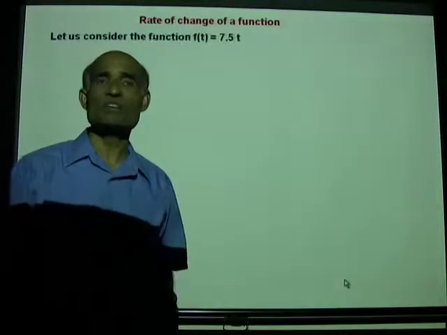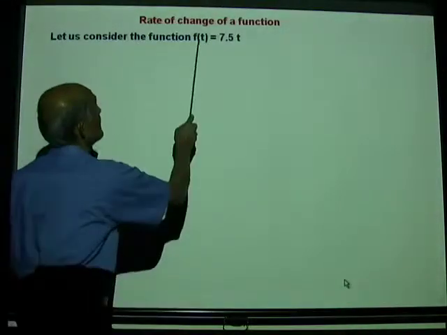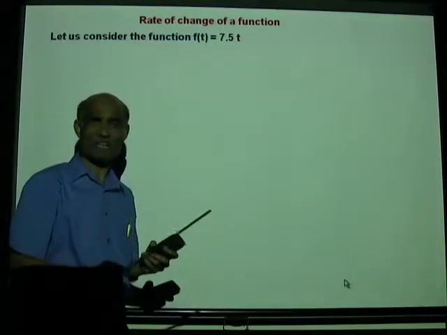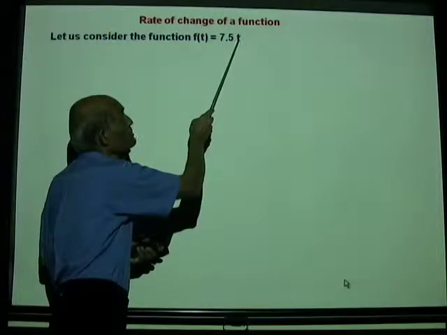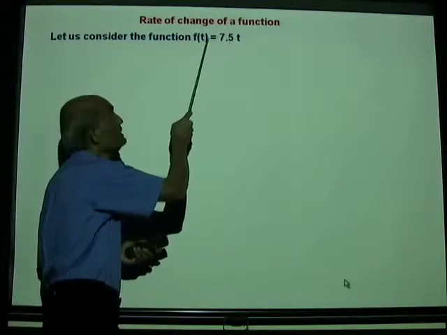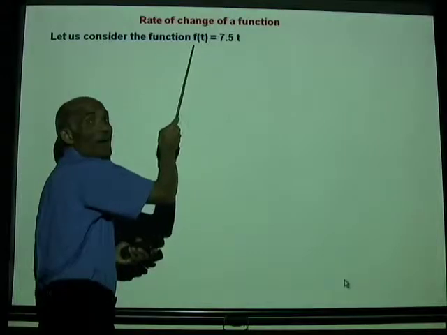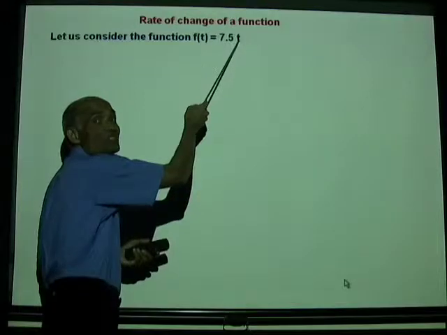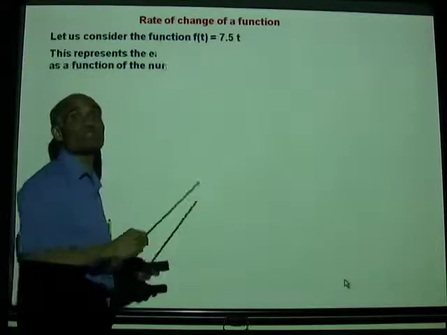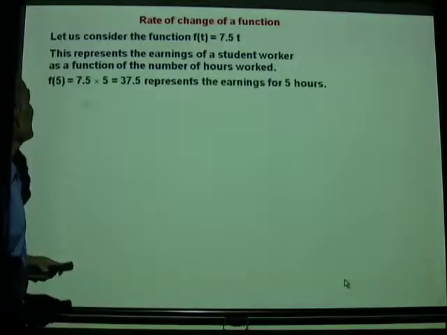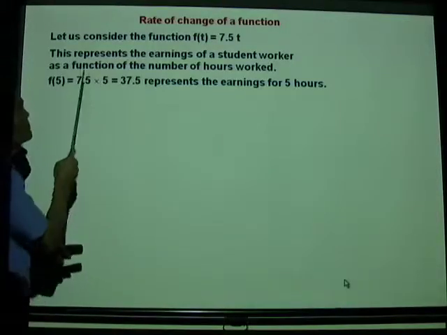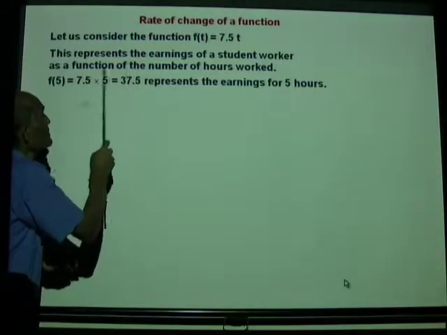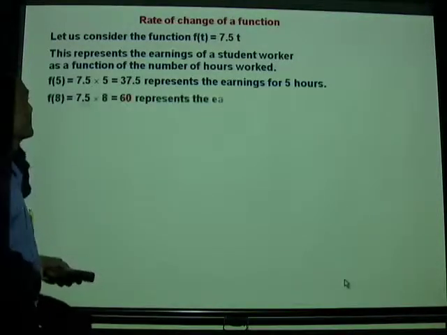Now, let me explain that using our familiar function, f of t equals 7.5t. What does this function tell you? When a student works for t hours, the student takes home an amount of money given by f of t. When time t in hours is the input, the output is f of t. Now, f of 5: when a student works for 5 hours, he takes home $37.5.